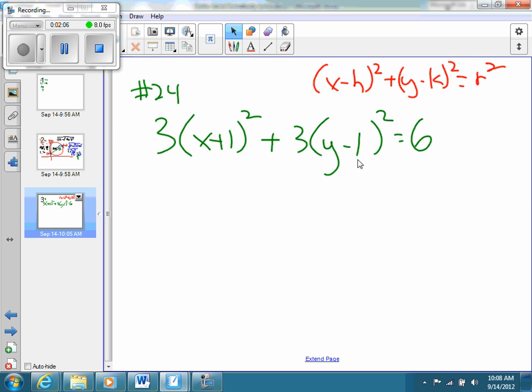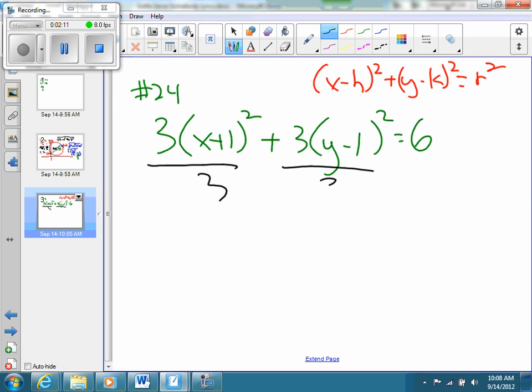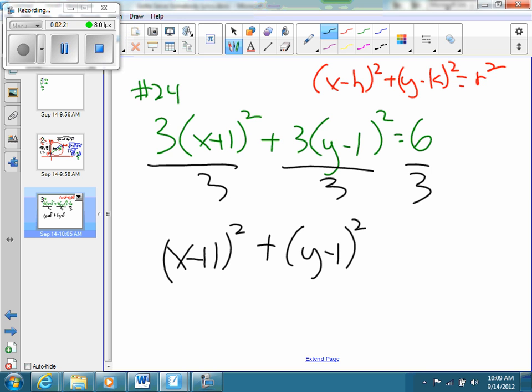That's a good place to start. So I'm going to divide this by 3, that by 3, and that by 3. And I'm going to get (x plus 1) squared plus (y minus 1) squared is equal to 2. That looks to me like that.